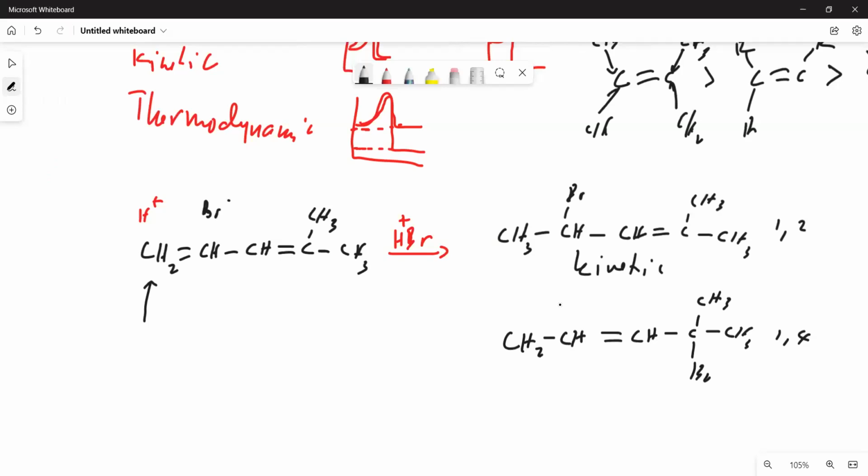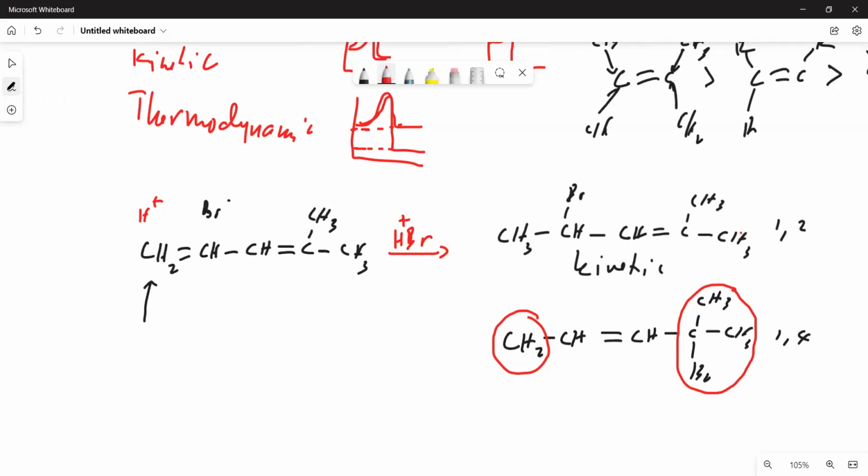So you analyze the stability of the double bond to assess thermodynamics. Is it the 1,4? Let's see. The 1,4 has this alkyl group and this alkyl group to stabilize the double bond.